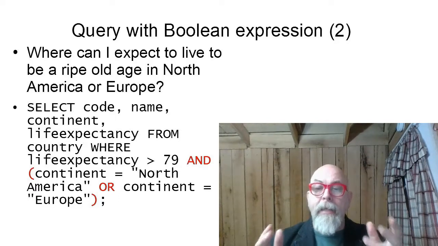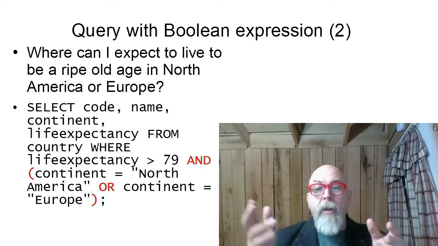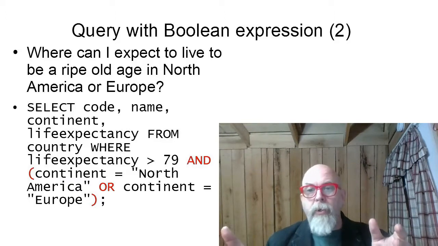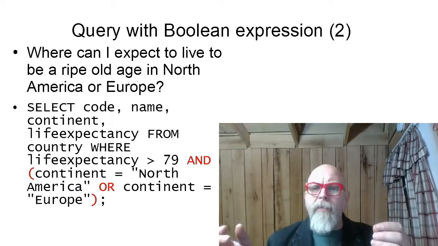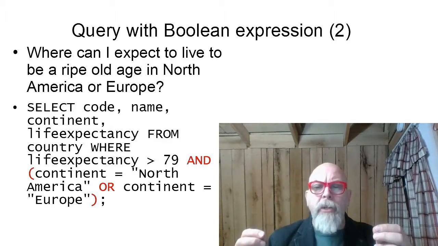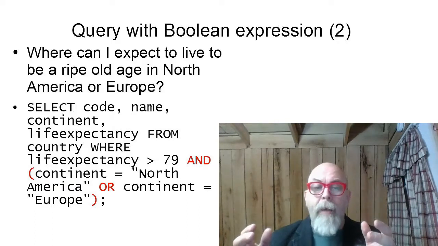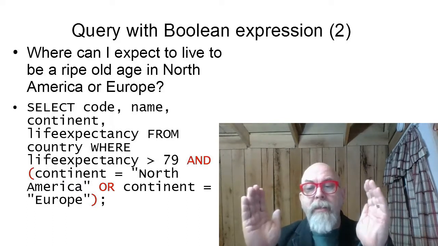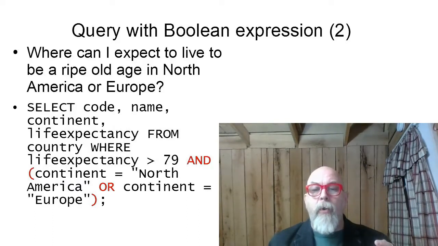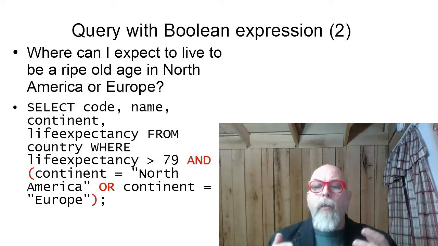OR is a lot like addition. 1 plus 1 equals true plus true equals true. True plus false would be true. So you can think of OR as addition, and because OR is treated like addition in the order of operations, we have to put parentheses around the expression with an OR, or the operators wouldn't be done in the correct order.